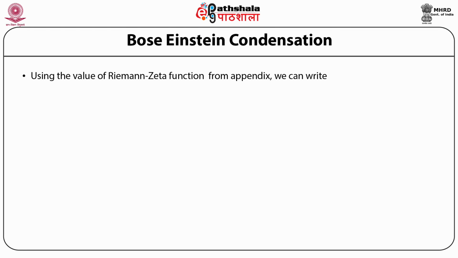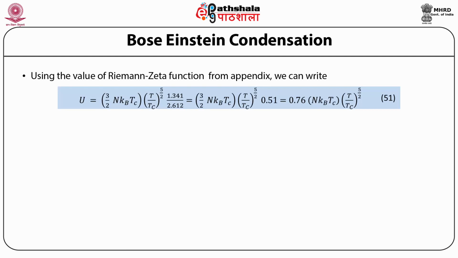Using the value of the Riemann zeta function, we can write U is equal to 3/2 n k_B T_c (T/T_c)^(5/2) into 1.341 divided by 2.612, which is equal to 3/2 n k_B T_c (T/T_c)^(5/2) multiplied by 0.51, which is equal to 0.76 n k_B T_c (T/T_c)^(5/2).